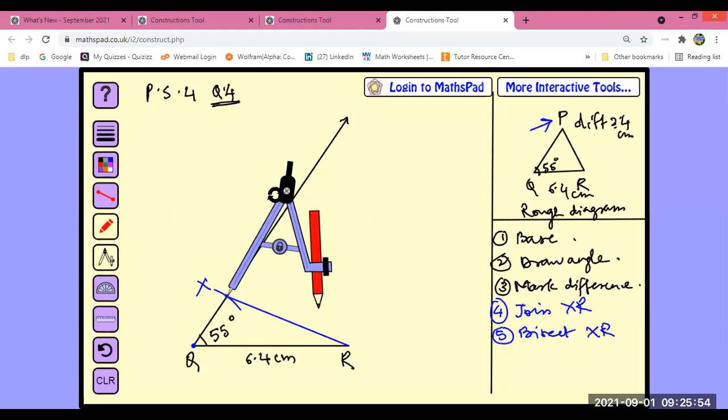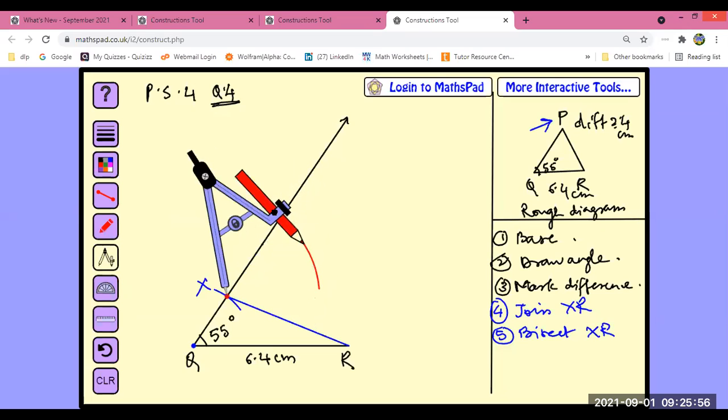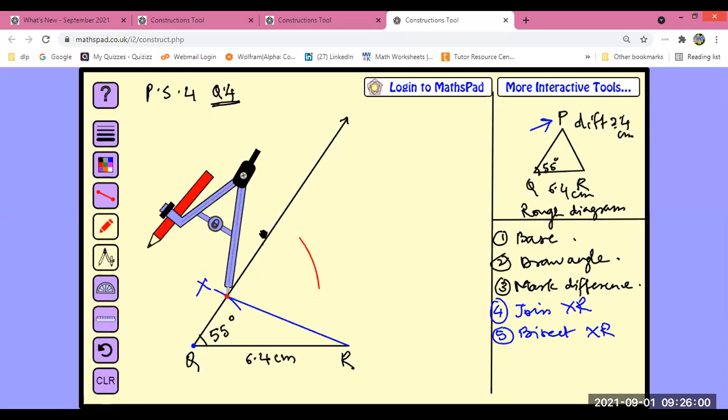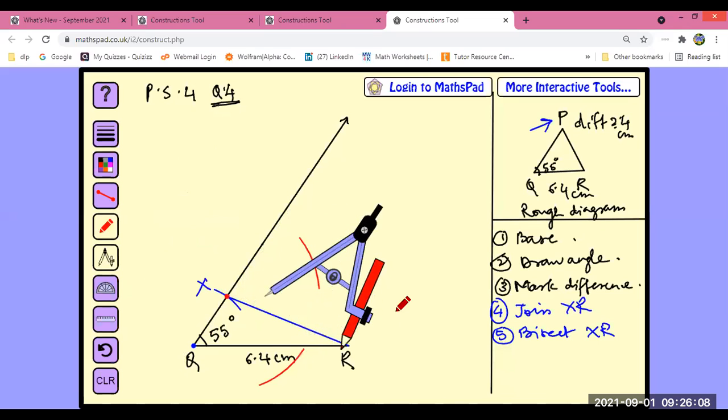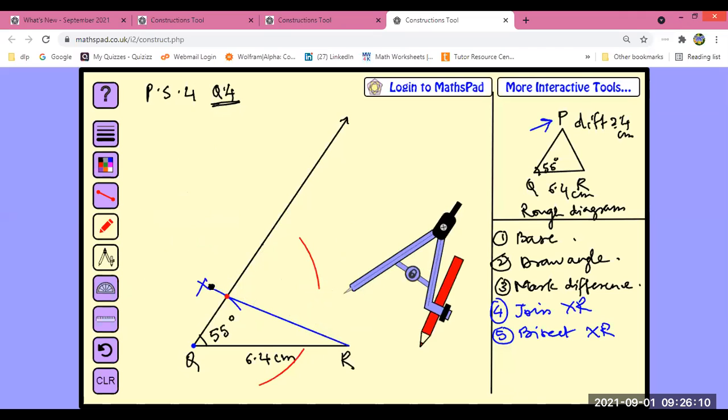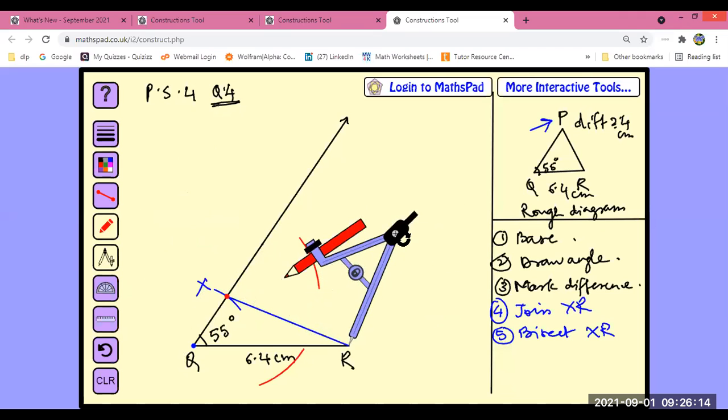Don't change the distance, and we draw arcs on both the ends. I'll try to do it really slow. Here we draw 2 arcs, and then place the steel point on other end, and we have to cross out these arcs. So here we cross out these 2 arcs like this.